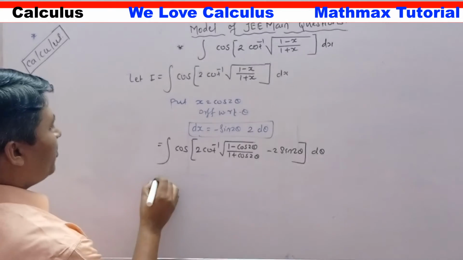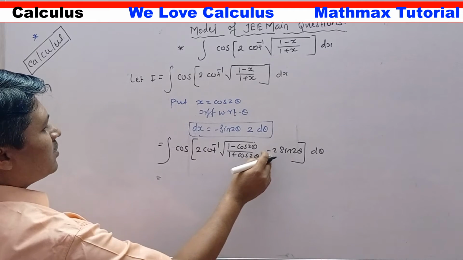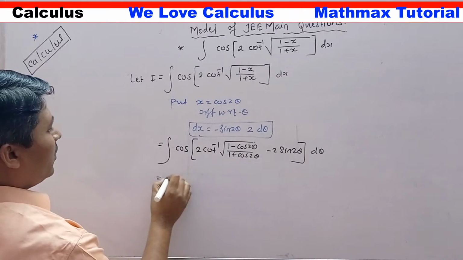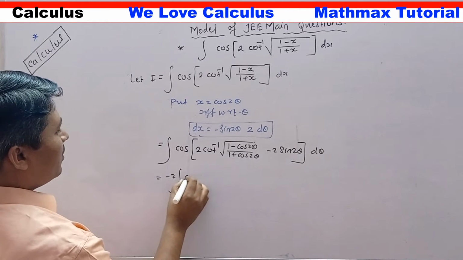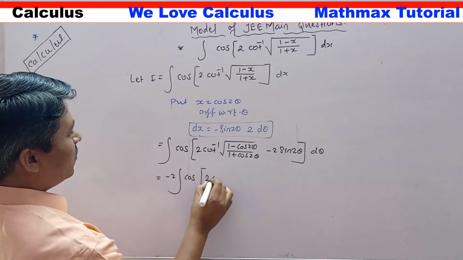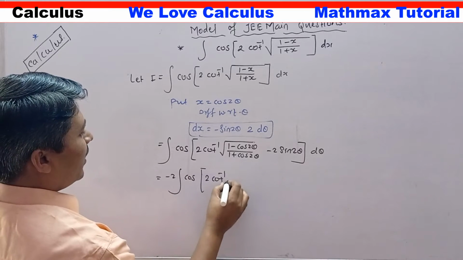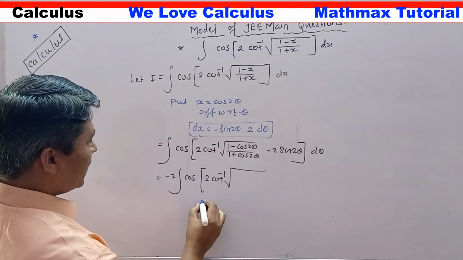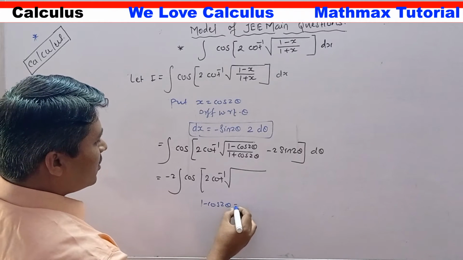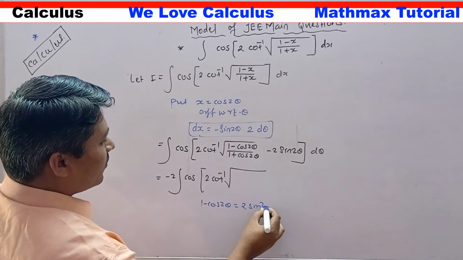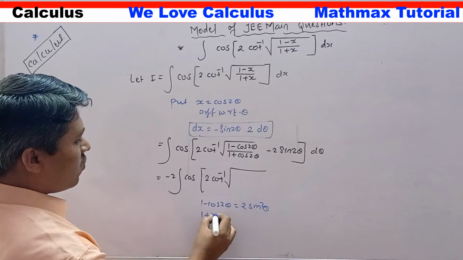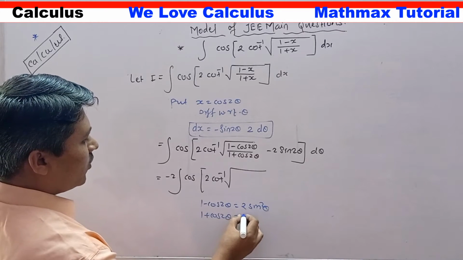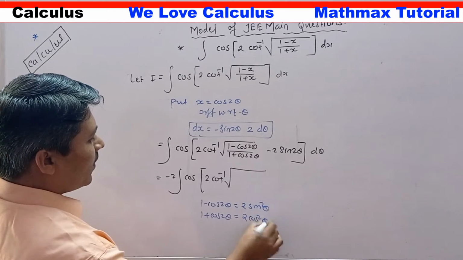Simplifying, the minus 2 comes outside. Here we know the related formulas: 1 minus cos 2 theta is equal to 2 sin square theta, and 1 plus cos 2 theta is equal to 2 cos square theta.